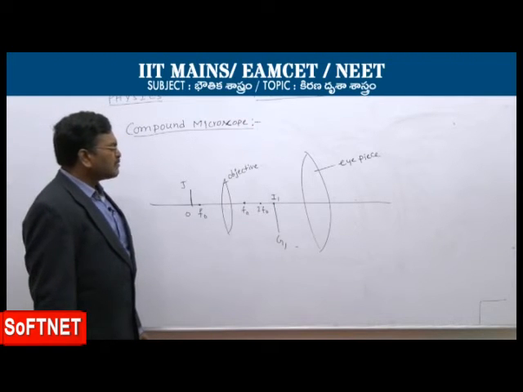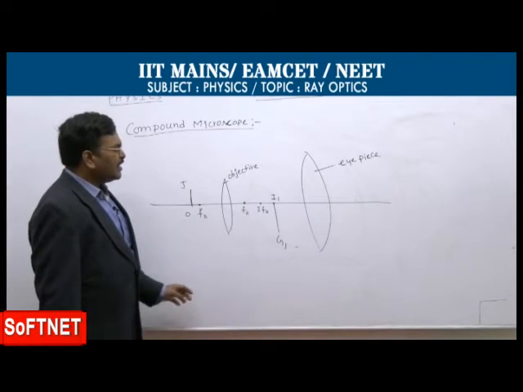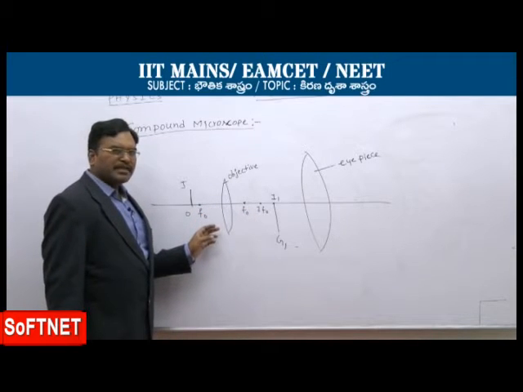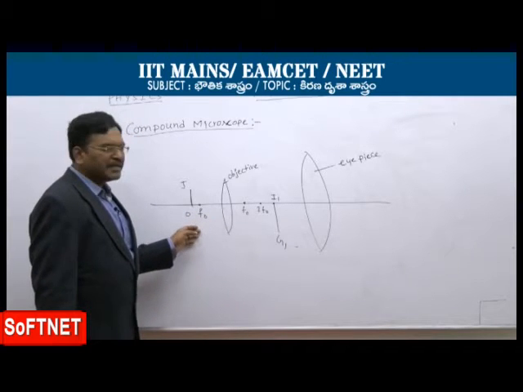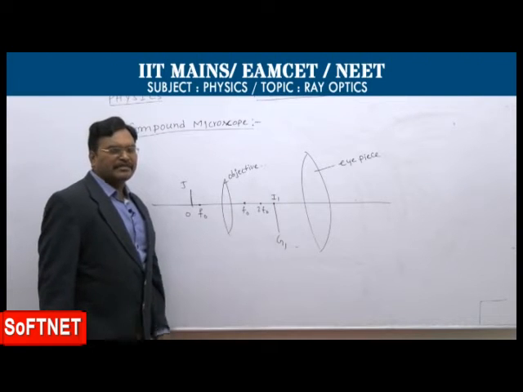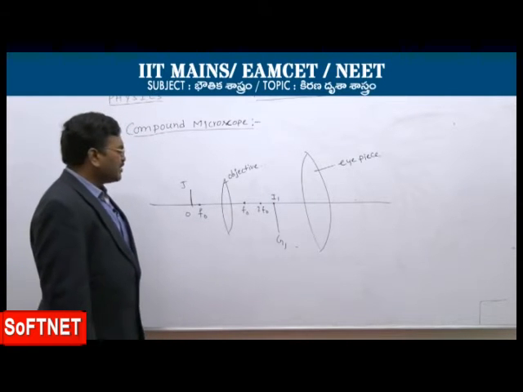These are placed at the ends of a metal tube. The distance of the object from the objective is adjusted with the help of a rack and pinion arrangement.